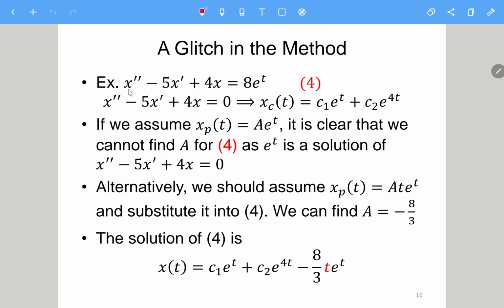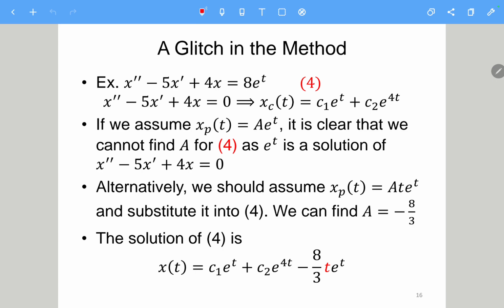Here we have a second order ODE, and on the right side an exponential function. The first step is still to find the homogeneous solution first. Maybe you are curious why we always need to find the homogeneous solution first.